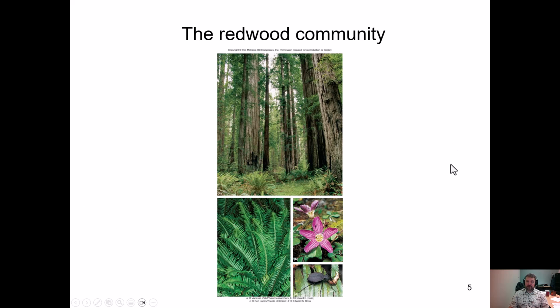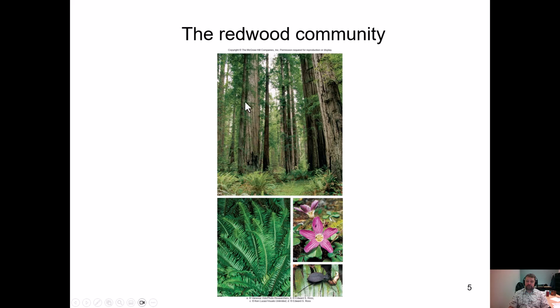So just to give you an example, to make sure that we're on the same page. The other thing about communities is that often the dominant organism, or sometimes the keystone species, denotes the name of that community. For example, if you go to northern California, southern Oregon, you'll get into a region we call the redwood community.